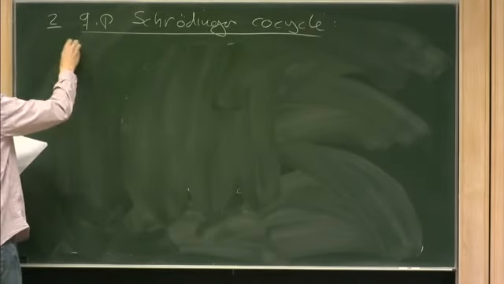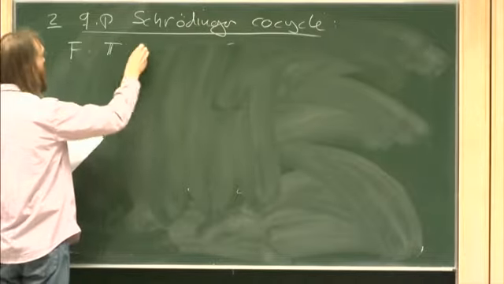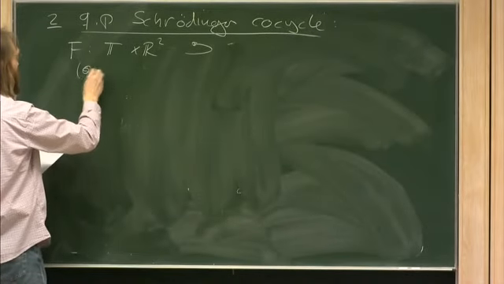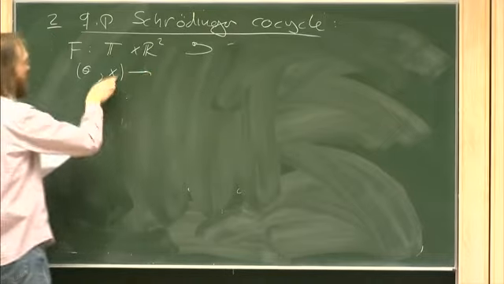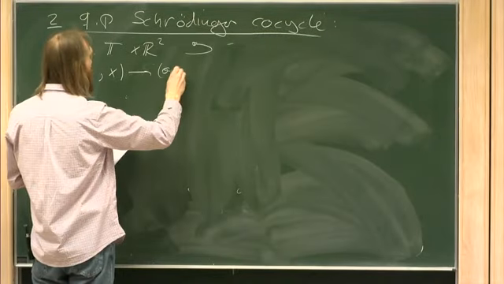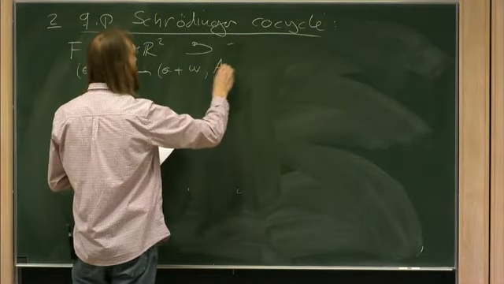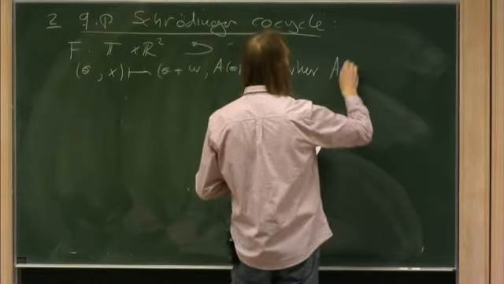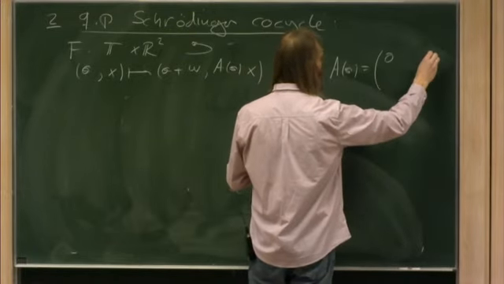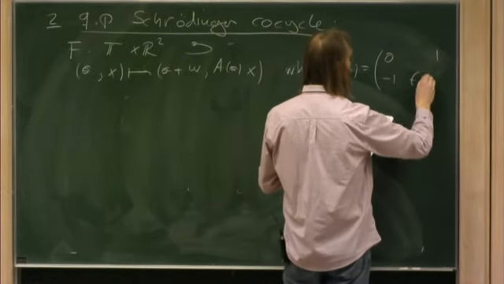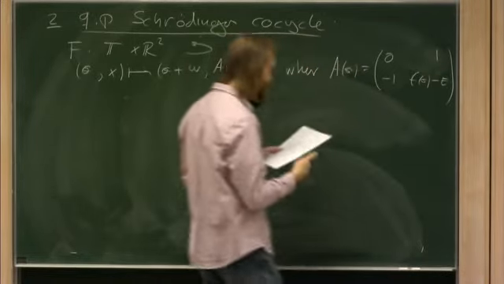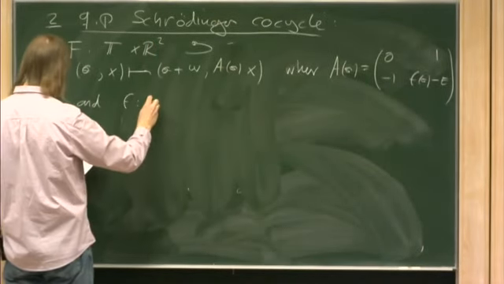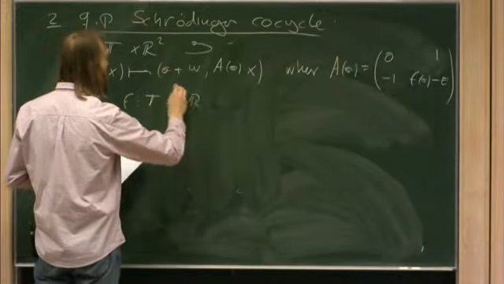So now we have a map F from, again, the circle, but now cross R^2 to itself, which looks like (theta, x), where x is a vector, going to (theta plus omega, A(theta) x), where this A(theta), I always write it like this, is the matrix (E minus f(theta), minus 1; 1, 0). And this map f from T to R is continuous at least.